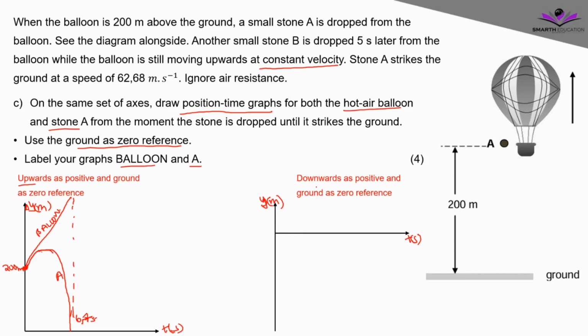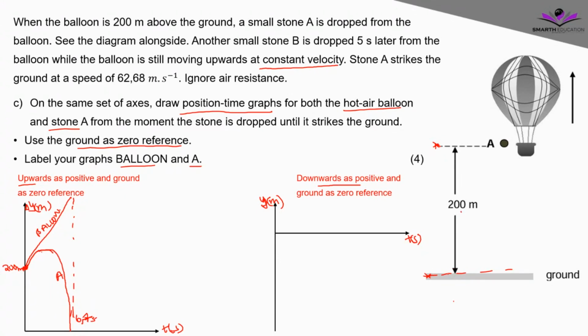Right, if we take downwards as positive, then what is the displacement? Our ground is our 0 reference. And we're taking downwards as positive. It means at this point, displacement is negative. But remember, we said that if we take downwards as positive, the displacement below the reference point is positive and displacement above the reference point is negative.